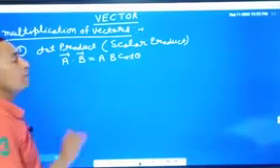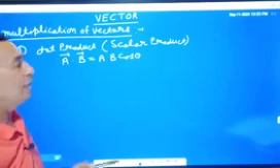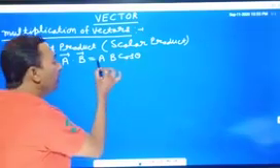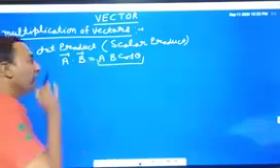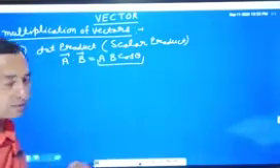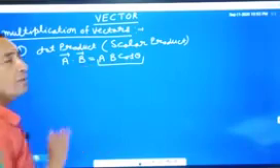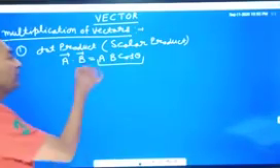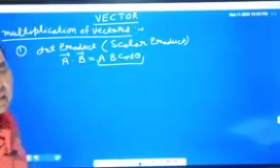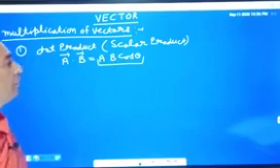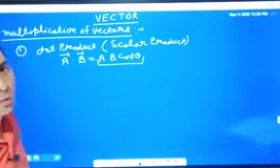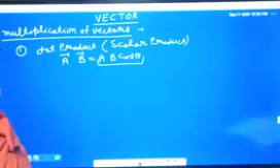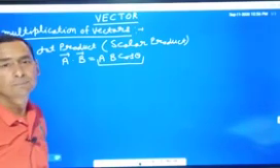So dot product of two vectors is equal to a b cos theta. Here a is the magnitude of first vector, b is the magnitude of second vector, and theta is the angle between a vector and b vector. Here we take cos theta, means cosine of that angle theta between a and b.